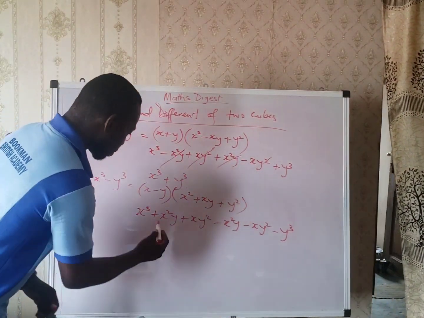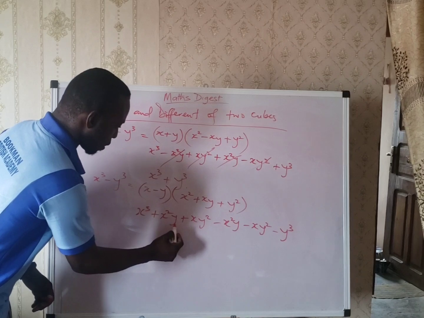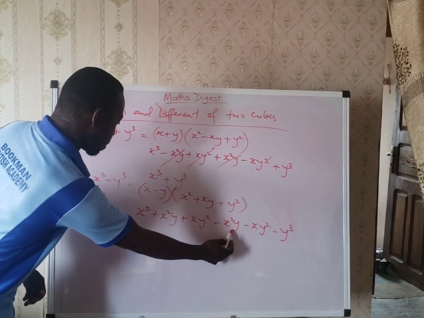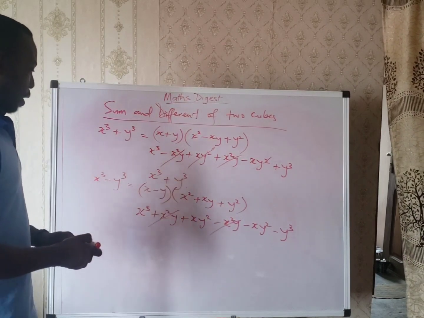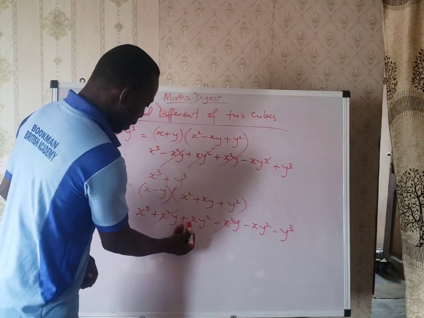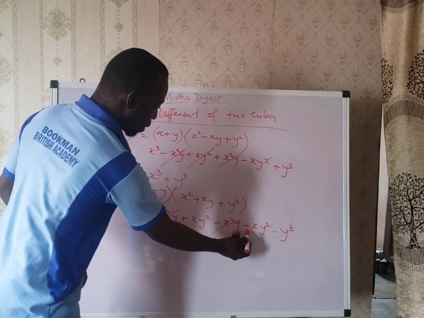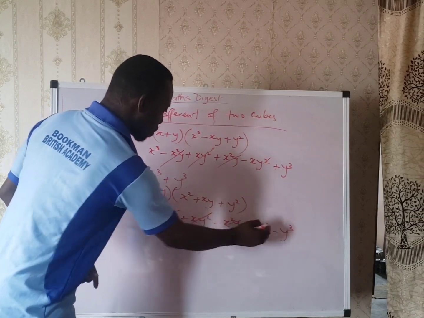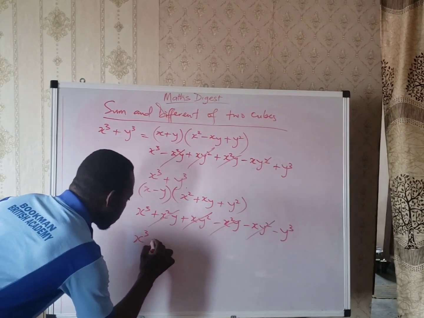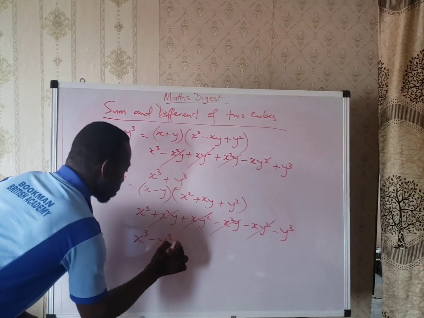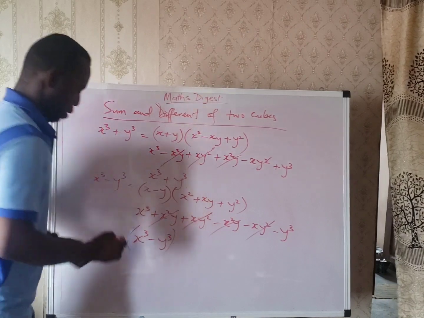This has positive here, and if you check the second one, you have negative. So we cancel this. Now, if you look at these two, we have plus xy squared and minus xy squared, so they cancel each other. If you look at this, you return back to where you started from. Do we understand that? Thank you very much.